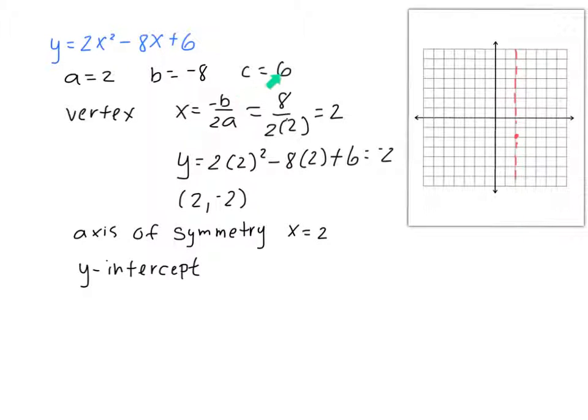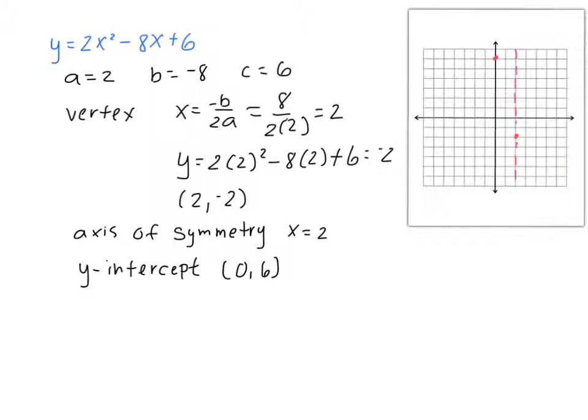Recall that the c value of the equation tells us where our graph crosses the y-axis. So our y-intercept is the point 0, 6. Let's go ahead and plot that point on our graph. We can use symmetry to find a third point on our parabola.